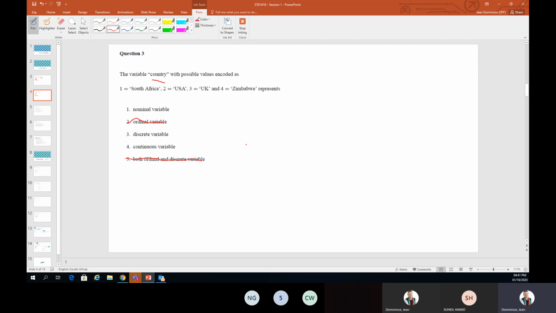Which one would you guys have gone for in this instance? Cool. It can't be continuous. Discrete is when it is 1, 2, 3 or 4, but not in a categorical way. So it can't be discrete. So the only one that is left is nominal.